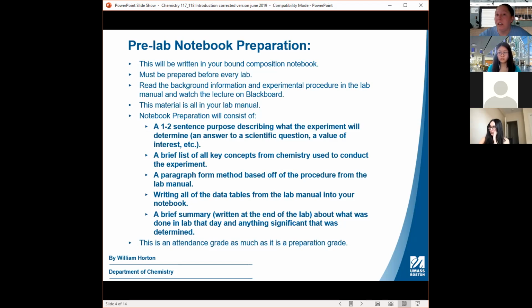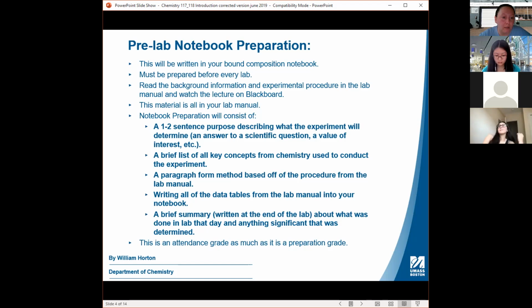So today that would be something like we are starting with X and Y concentrations of calcium chloride and sodium carbonate, and we are varying the volumes, and we are going to weigh the amount of product made, and based on that we are going to determine what is the limiting reagent, something like that. So you don't need to go step by step by step.